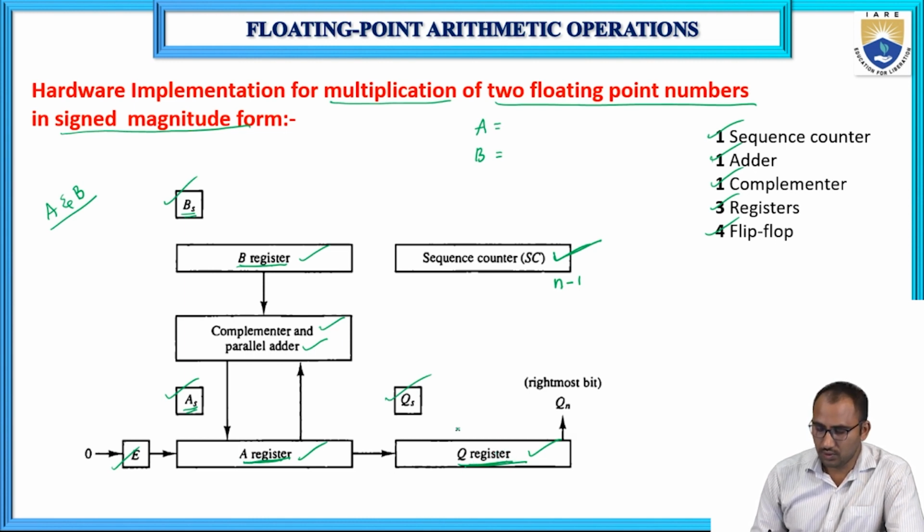Okay. So see here, suppose you consider any 4-bit register, so A is a 4-bit register, B is also a 4-bit register. If you multiply any 4-bit numbers, the result will be 8 bits. So that's why here we are using 2 registers, Q register and A register.